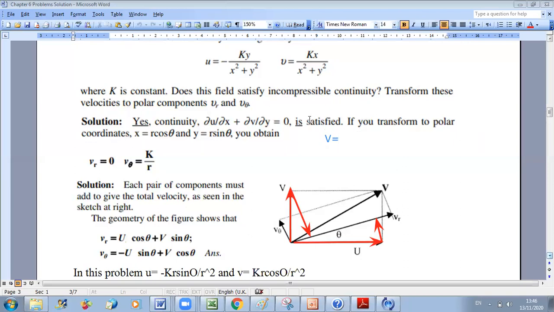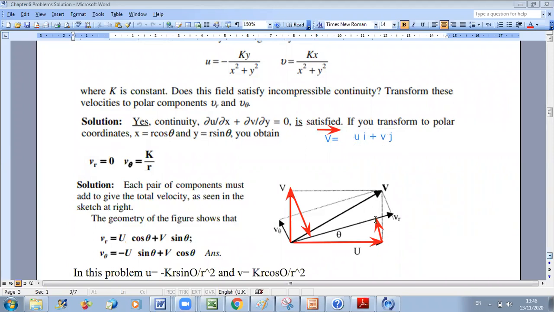So here, I have that vector V as a vector is divided into two components, U along I and V along J, okay? Now if I want to decompose this vector into UR and U theta, I can say that this vector will be the summation of the component of U along UR plus the component of V along UR, okay?